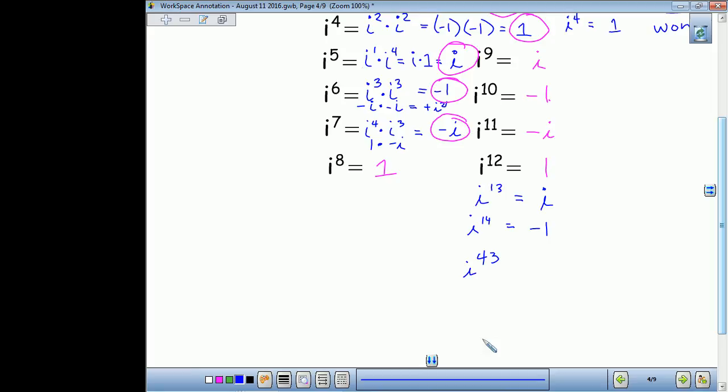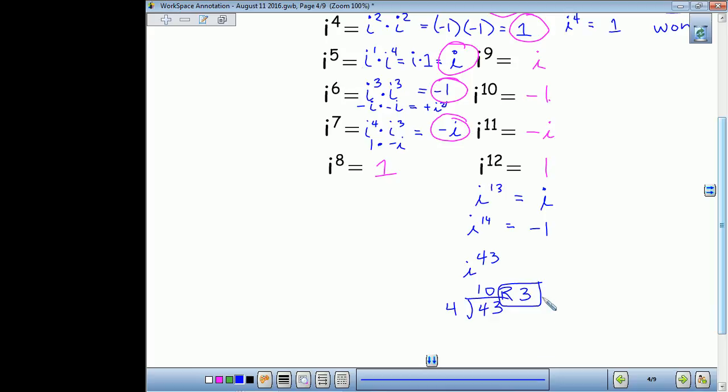So what we do, because this pattern repeats every 4, is we look at the number 43. How many times would it go through the pattern completely? 43 divided by 4 goes in there 10 times, and the remainder is 3.